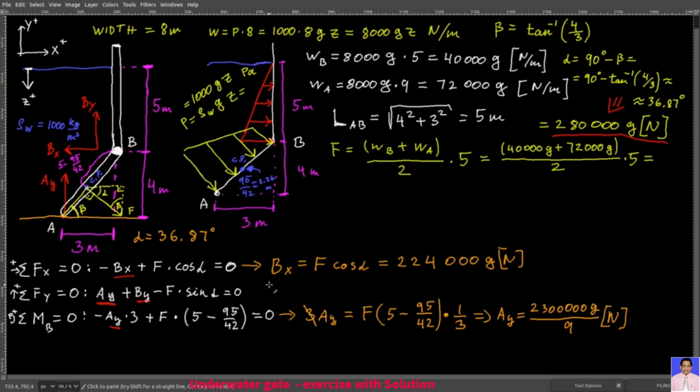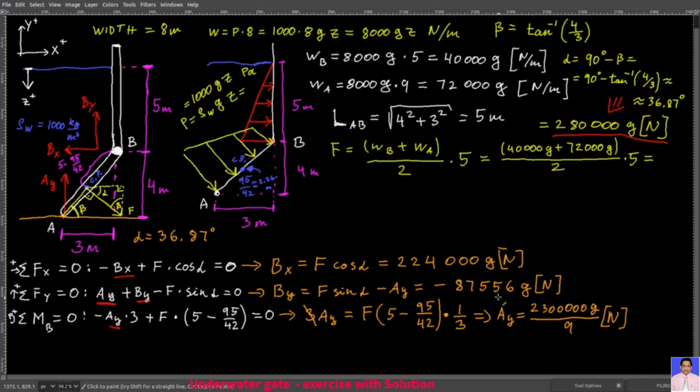Finally, from the second equation, you have By equals F times sine alpha minus Ay. You know your force, you know your alpha, you know your Ay. If you make the calculations, you will have minus 87,556 g newtons.